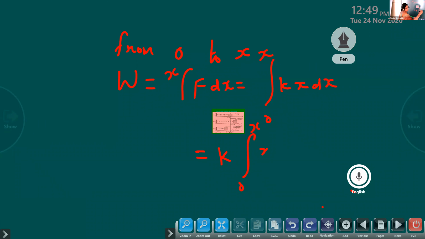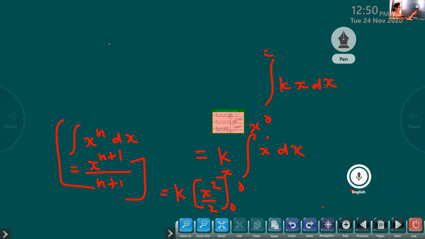Now, 0 is A, 0 is B. So how do we apply the limit? It will be upper limit minus lower limit. When you substitute both the limits in this x, our answer should be upper limit minus lower limit.